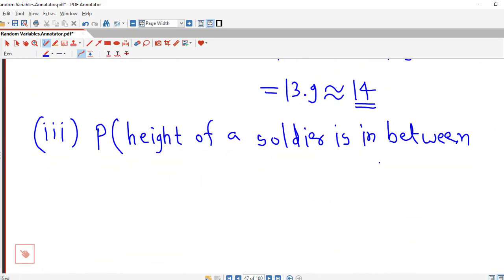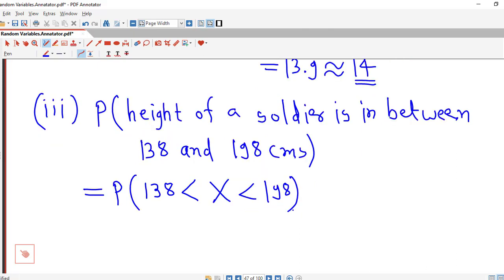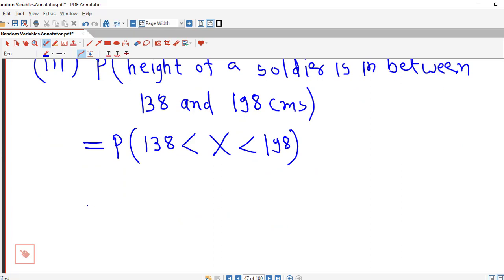So the probability that the height of a soldier is in between 138 and 198 centimeters, we can represent as 138 less than capital X less than 198, that is, X lies between 138 and 198.